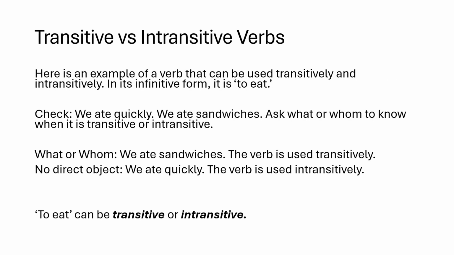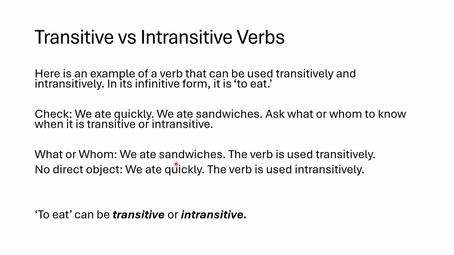Here is an example of a verb that can be used transitively and intransitively. In its infinitive form, it is to eat. Check. We ate quickly. We ate sandwiches. Ask what or whom to know when it is transitive or intransitive.